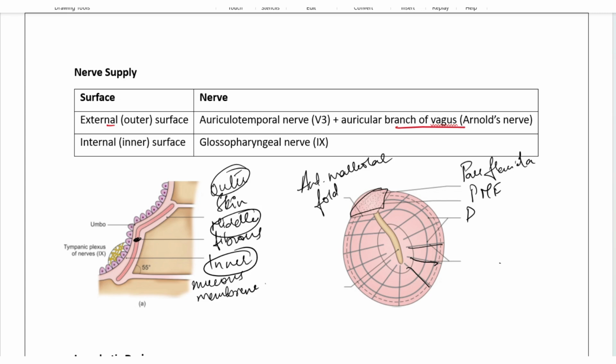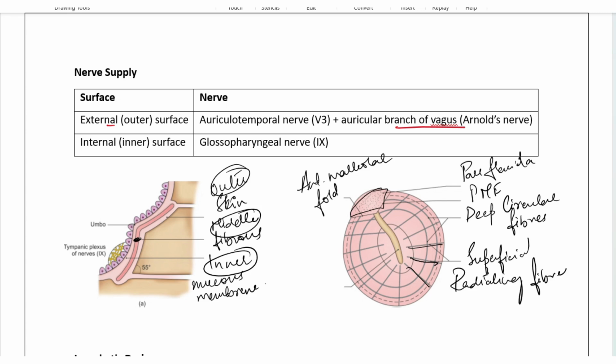These are the deep circular fibers, and these are superficial radiating fibers. This, as we know, is the handle of malleus.